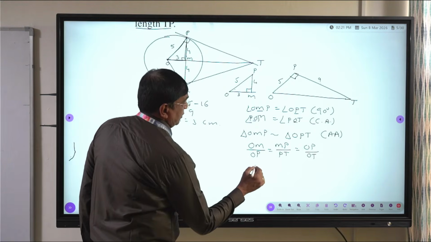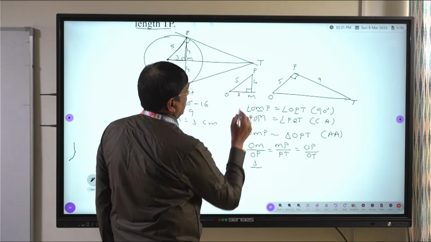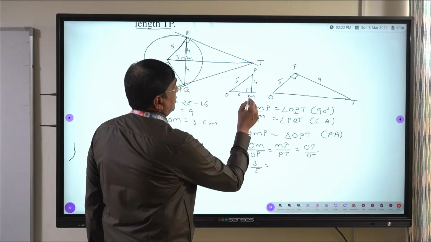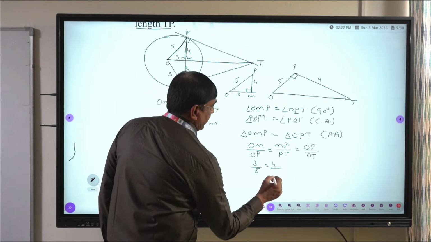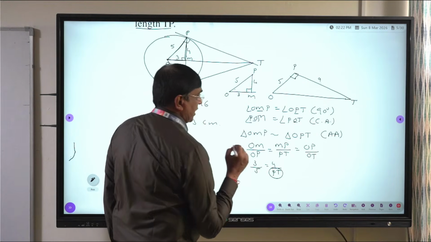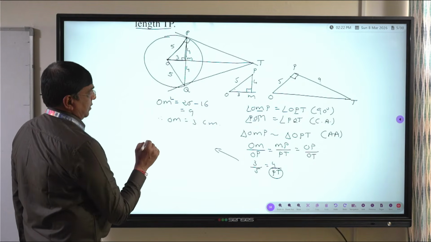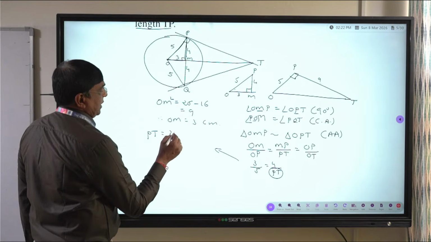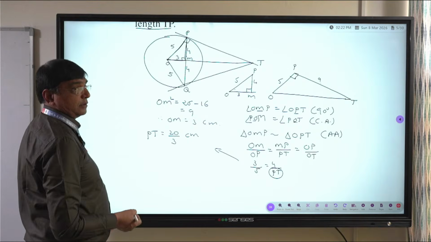So OM, given 3, OP, that is 5, equals MP, that is 4, upon PT, and PT is a requirement, cross multiply. So PT equals 4 5s are 20 upon 3 centimeter.